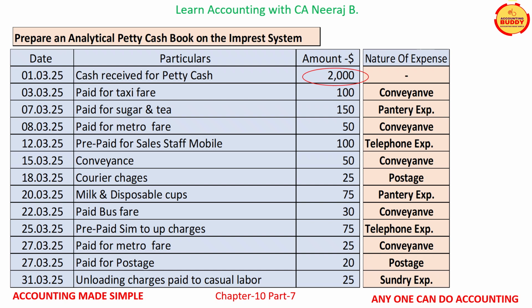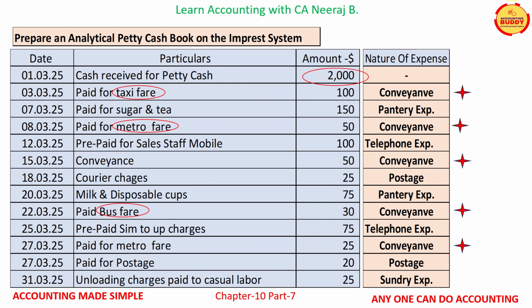In our example, petty cashier paid conveyance expense to the business staff 5 times in March 25. Please note that taxi fare, metro fare, bus fare all are of the nature of conveyance. Therefore, all these expenses will be accounted under the expense head of conveyance account.